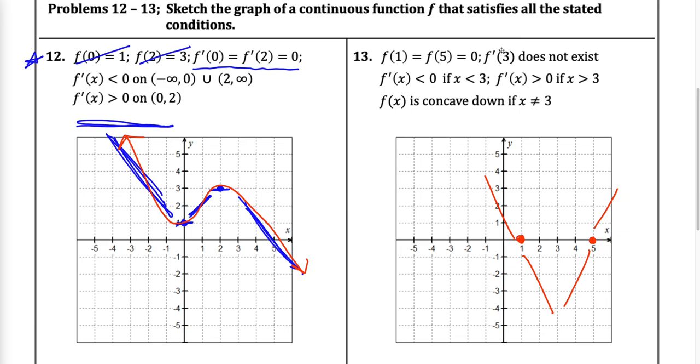I wish this was a little more specific. I can already tell what the idea is supposed to be. Instead of saying f prime of 3 does not exist, which isn't wrong, there's different kinds of doesn't exist on slopes. So I kind of wish this would have just said that this was a vertical asymptote. I guess theoretically it could be a sharp point.